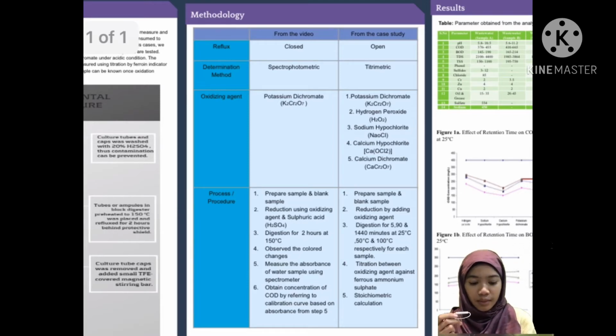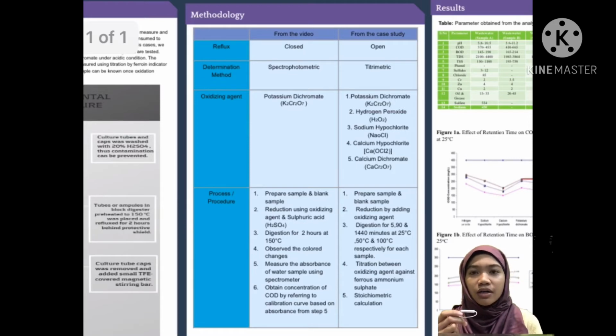So basically, during the digestion method, samples were heated at different temperatures, 25 degrees Celsius, 50 degrees Celsius, and 100 degrees Celsius, and retention times of 5 minutes, 90 minutes, and 1440 minutes were recorded for each temperature. The amount of oxidizing agent required for oxidation was calculated by using stoichiometric calculation for the case study.